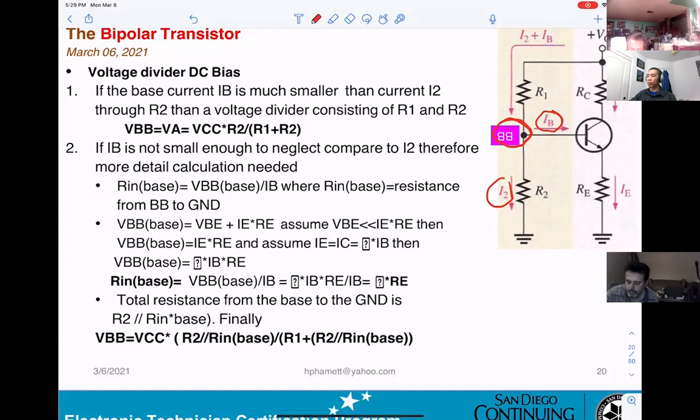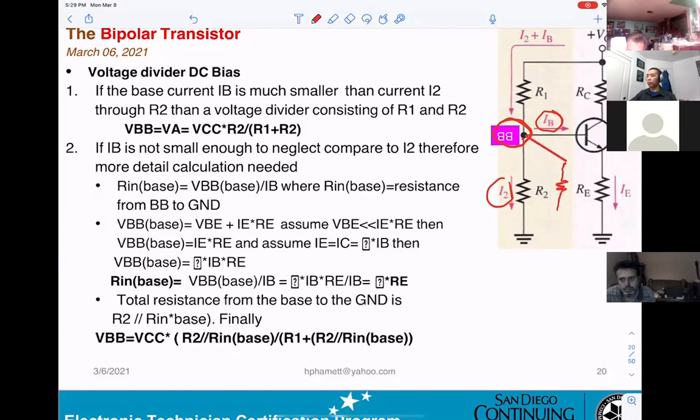However, if you want more accurate VB, then that's why you have to do this: if IB is not small enough compared to I2, a more detailed calculation is needed. So they are telling you, you need to calculate the resistance from here to the ground.